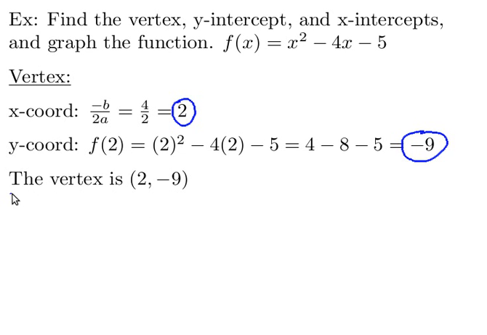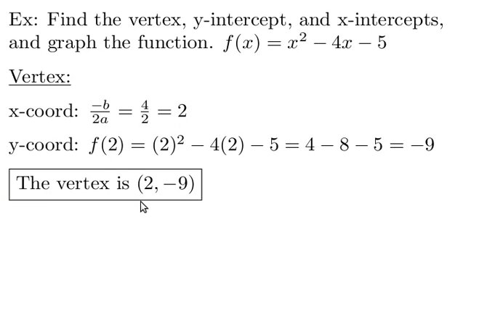This right here is an answer, so I'm going to put a box around it. The vertex is 2 comma negative 9.